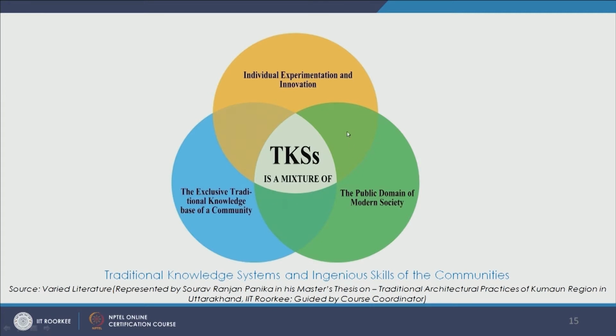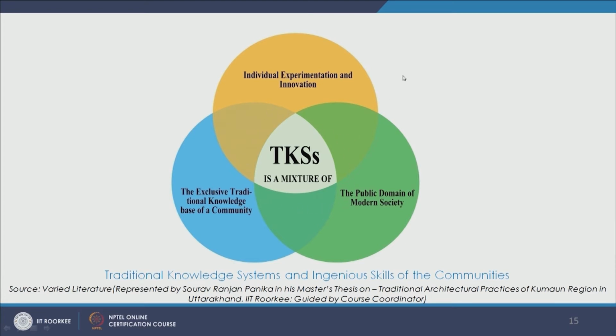Then we also tried to understand how traditional knowledge systems could be looked at as a mixture of individual experimentation and innovation, the exclusive traditional knowledge base of a community, and the public domain of modern society. So how each of these has a contribution in creating this mixture which becomes the traditional knowledge system.